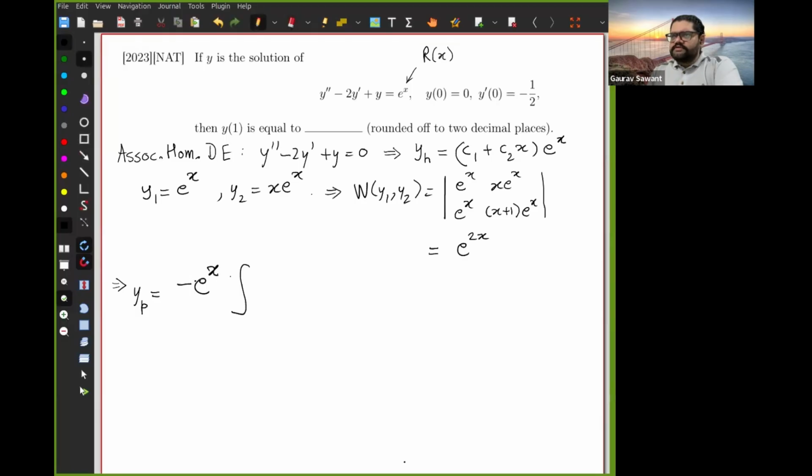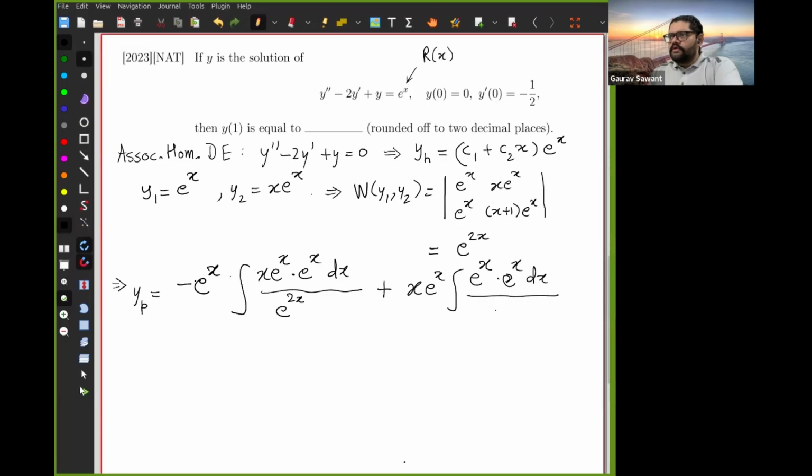Minus y1 times the integral of y2 r(x) dx divided by the Wronskian, plus y2 times the integral of y1 r(x) dx over the Wronskian.